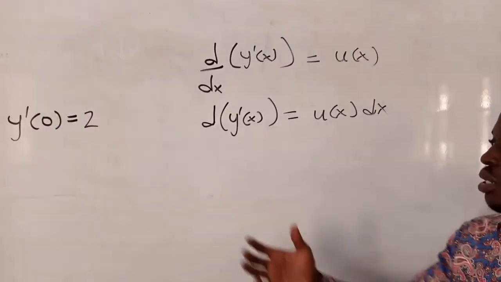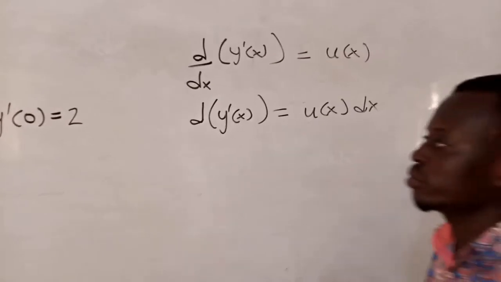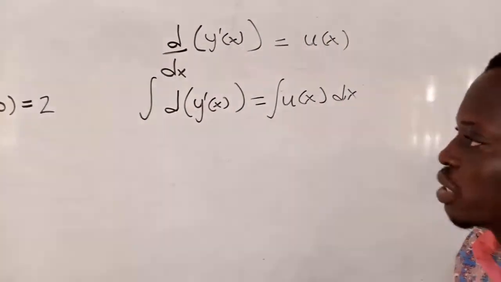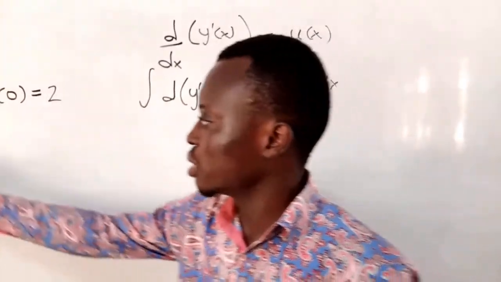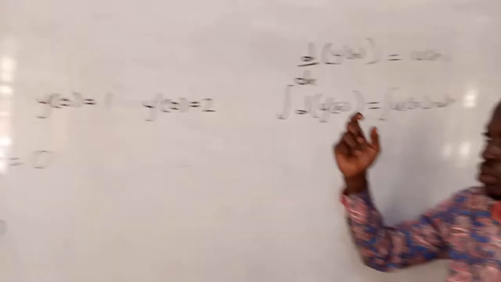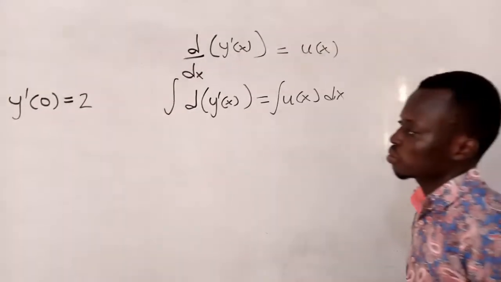Now let's integrate both sides. Since it's a Volterra's integral equation and the initial condition starts from 0, we are going to integrate from 0 to s.